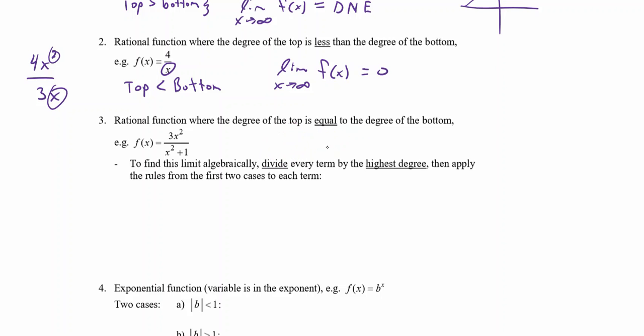The other way that we should look at this, just to make sure that this all works out, is if we were to take the limit of this. So we'd write, you guys will need to do this too, the limit as x approaches infinity of 3x squared over x squared plus 4.